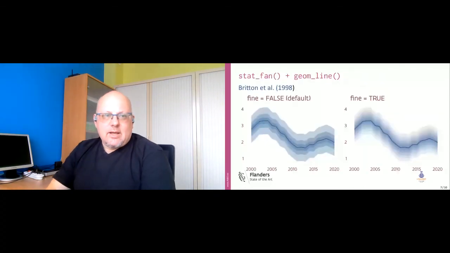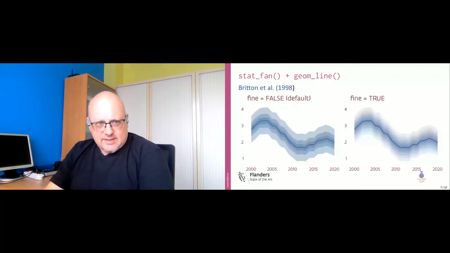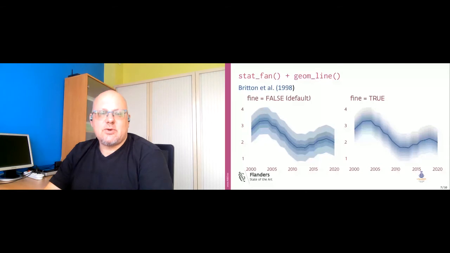Then we have something like a stat fan, which uses fan plots, a term coined by Britton et al., who suggests to use several equiprobability confidence bands rather than just a single confidence band. So the default uses 3 different bands, so that's 30, 60, and 90% coverage.